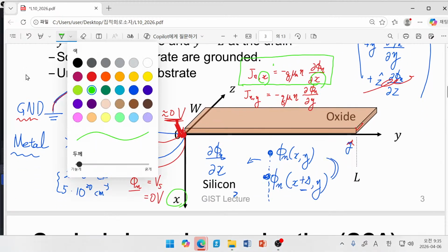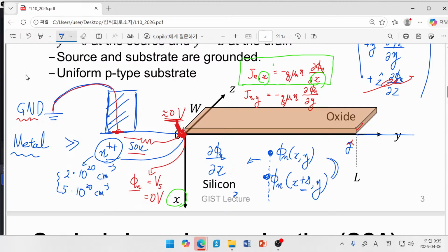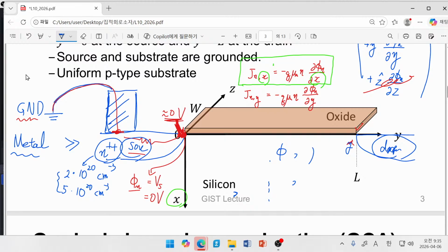In our case, now we have source and drain. And here we have an applied voltage difference between source and drain. Then what will be the direction of current conduction? Of course, in this case, since the voltage difference occurs along the y direction, we expect that there will be current conduction only along the y direction. We can expect that is not zero, but we do not expect this kind of current conduction.